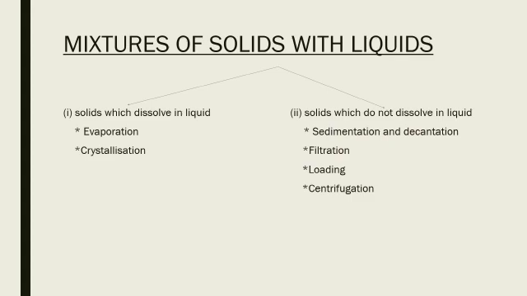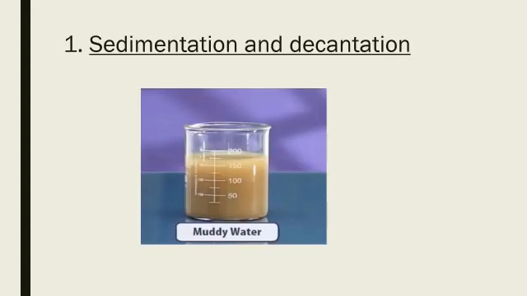Okay, so let us see what this muddy water is. That means the mixture of mud and water, a mixture of solid and liquid, where the solid is not soluble in water. So today we will try to separate the components of this mixture, that means we will separate the mud and water.